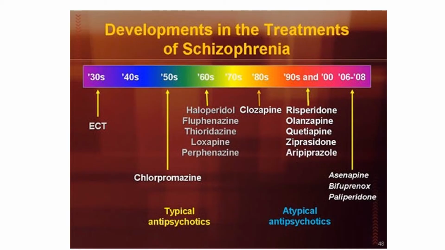Okay, so we're going to talk about some different drugs. I'm just showing you a slide here on different antipsychotics and just the history of them. So really one of the older ones that we're going to talk about is chlorpromazine, a 1950s drug. And another one that you see there, haloperidol.